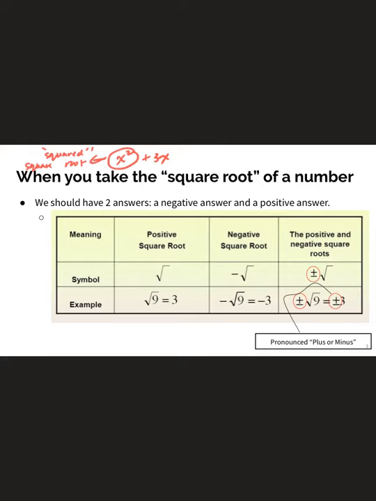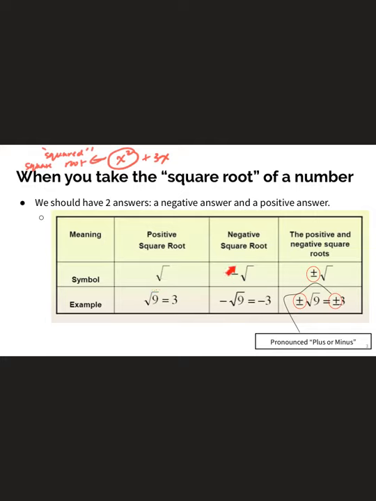And so when you take the square root of a number, you should actually end up with 2 answers for the most part. So let's say that we have a positive square root. We can assume that this is a positive square root because there's no plus or minus sign in front of it, so we can just assume that's a positive sign. So when we take the positive square root of 9, we would end up with 3.